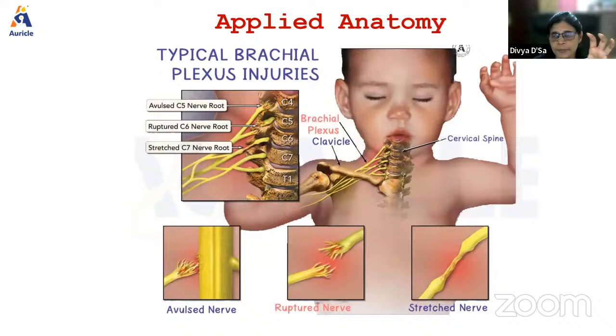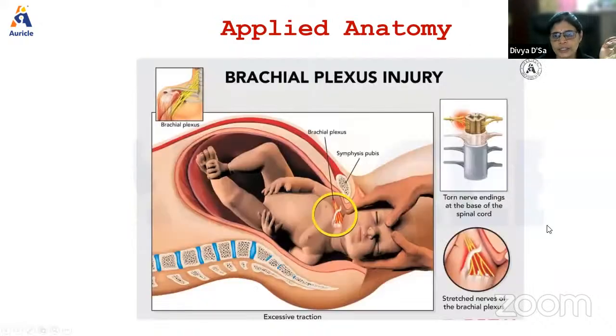Coming to the applied aspects, usually in brachial plexus injuries we can see an avulsed nerve, where the nerve is totally avulsed from its root, or a ruptured nerve in its pathway, or sometimes because of traction it can be stretched. During normal delivery, because of excessive traction, that is stretching, what happens near the neck region?